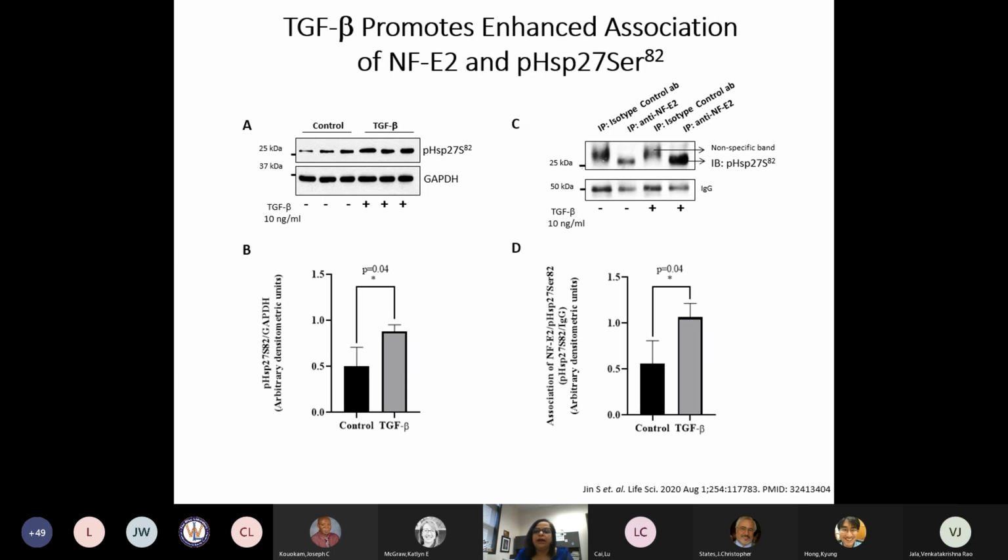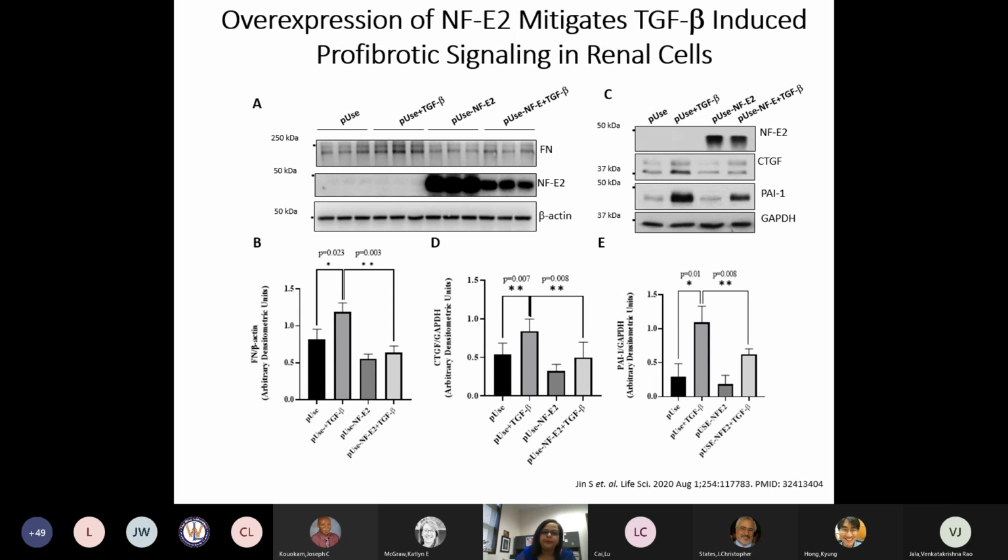We then performed an anti-NFE2 immunoprecipitation in these samples, along with an isotype control antibody immunoprecipitation, followed by immunoblot with phospho-HSP27 antibody. As you can see, HSP27 and NFE2 associated in control cells, and this association was significantly increased in the presence of TGF-beta, suggesting a possible role of HSP27 in targeting NFE2 to the proteasome.